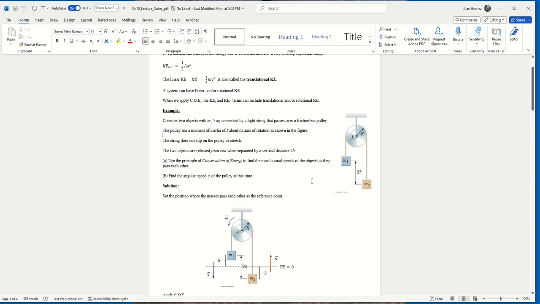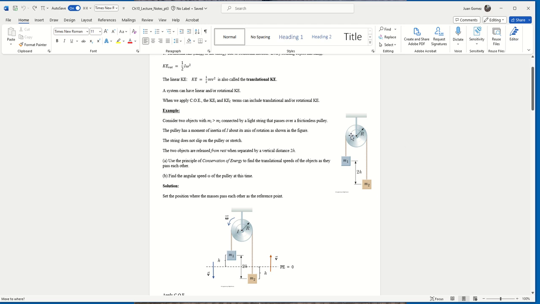The objects are released from rest when they're separated by a distance of 2h. And I just said M1 is greater than M2. So we have M1 connected to M2 via this light string that passes over a frictionless pulley.